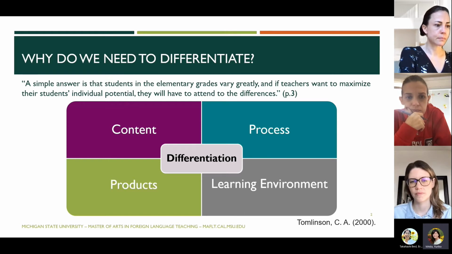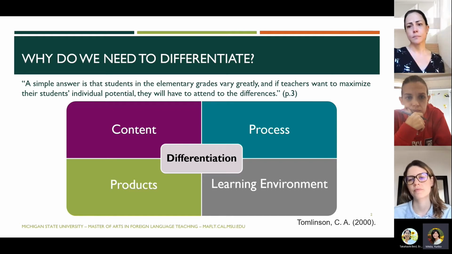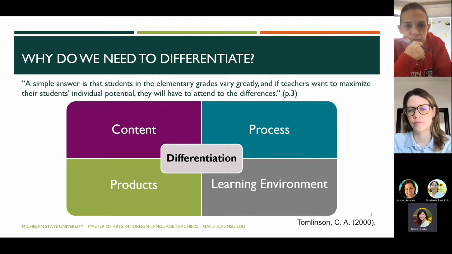Again, I have a really big range of students in terms of their ability. A simple answer is that students in the elementary grades vary greatly, and if teachers want to maximize their students' individual potential, they have to attend to the differences. There are many ways to differentiate. You can differentiate content, what we teach and what we want them to be able to do.